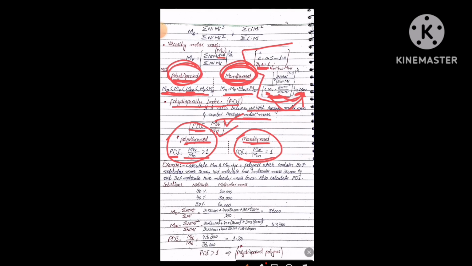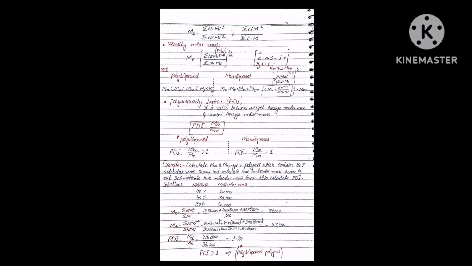So, as we have understood a variety of formulas, now we will solve an example. Students, the example is: calculate Mw and Mn for a polymer which contains 30% molecules of molecular mass 20,000, 40% molecules of molecular mass 30,000 and 30% molecules of molecular mass 60,000.